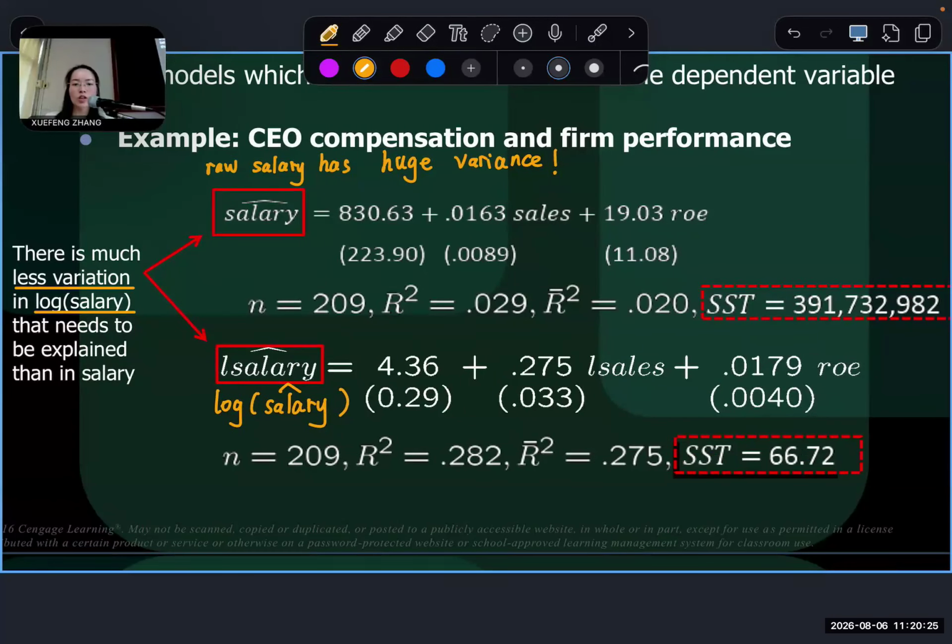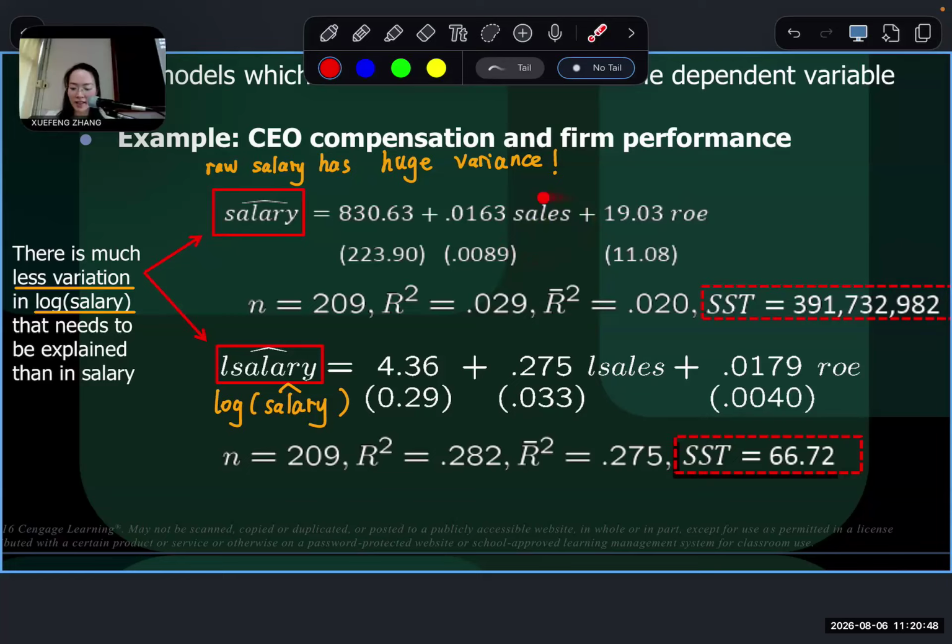Right, so the rule is that never compare R squared or adjusted R squared across models with different dependent variables, because they are just apples and oranges, okay? You cannot compare them directly, even if one is just a transformation of the other.